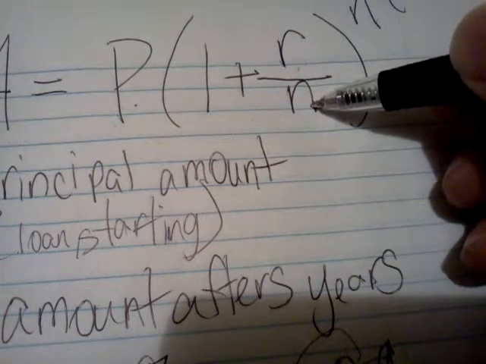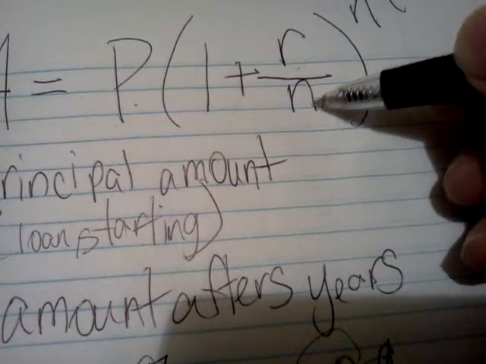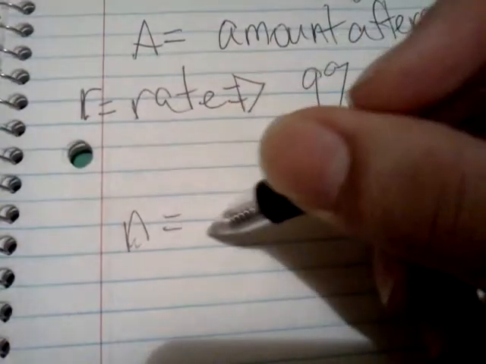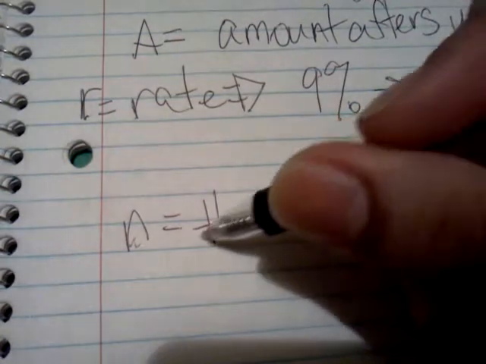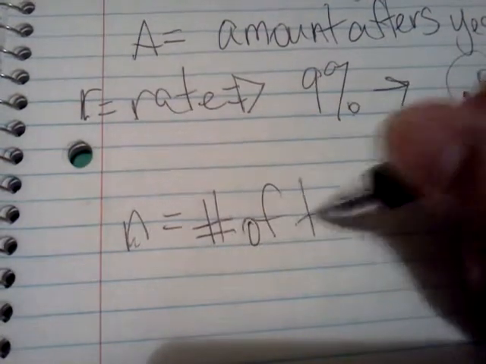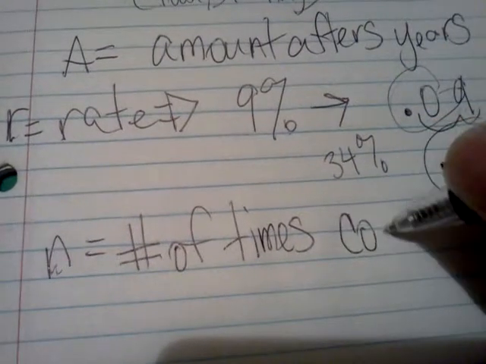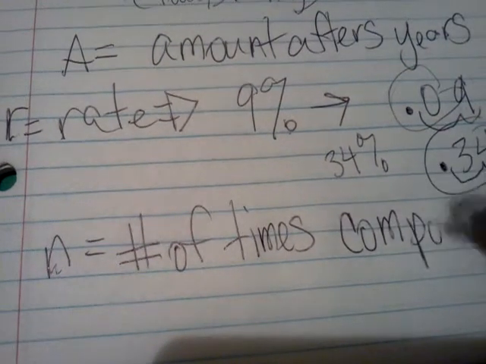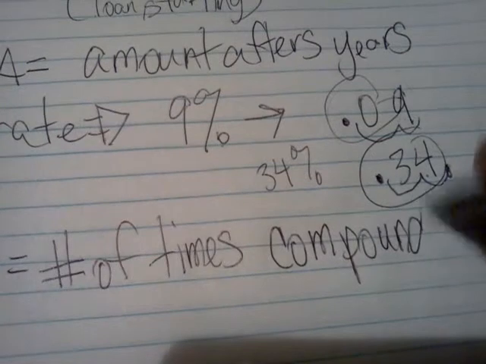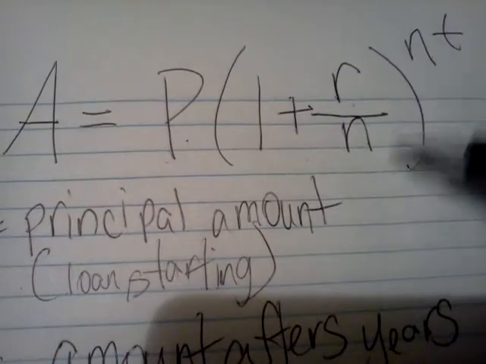Now N, we use it twice here. So N represents the number of times compounded. So you'll see N. I'll show you something later.